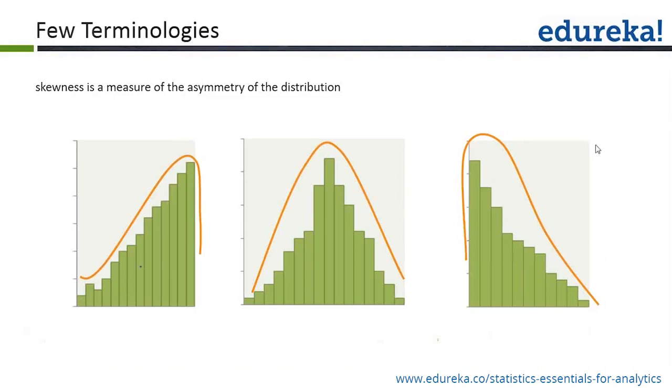How to interpret this, I will repeat: in this axis you have some representation of height, and this axis is the count. Assume that this is height, 5, 5.1, 5.2, 5.3, 5.4, up to say 7. What this graph is trying to say is that there are 5 people.